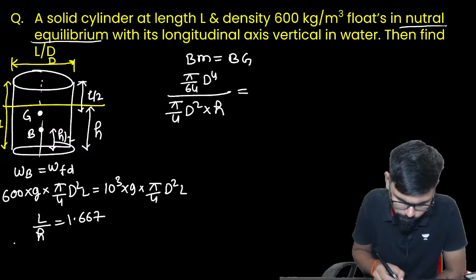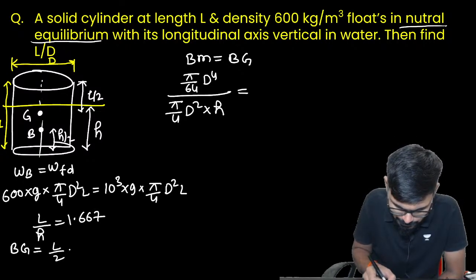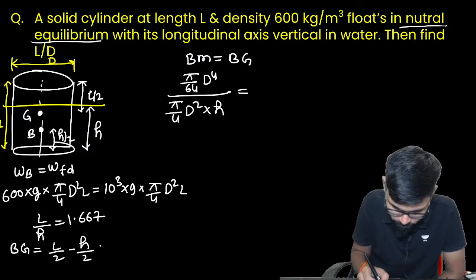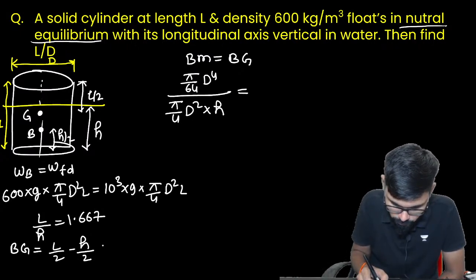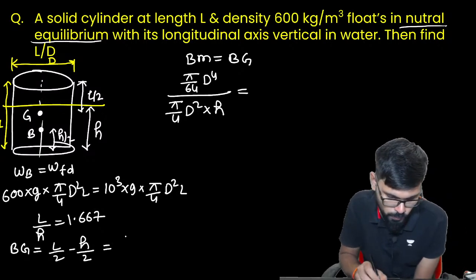Okay, that I will calculate here. BG value will come L by 2 minus h by 2. So this value will come L by 2.